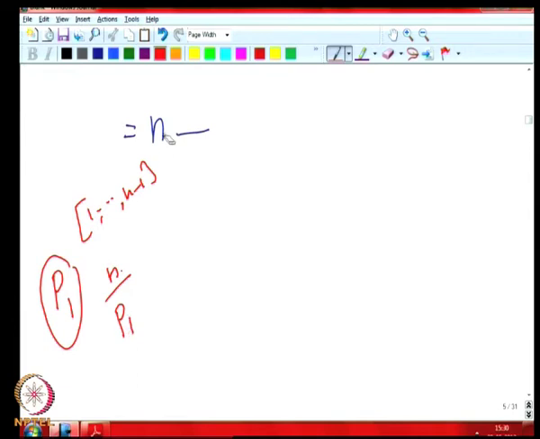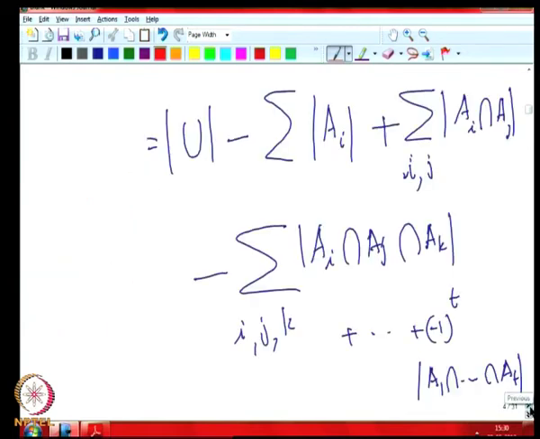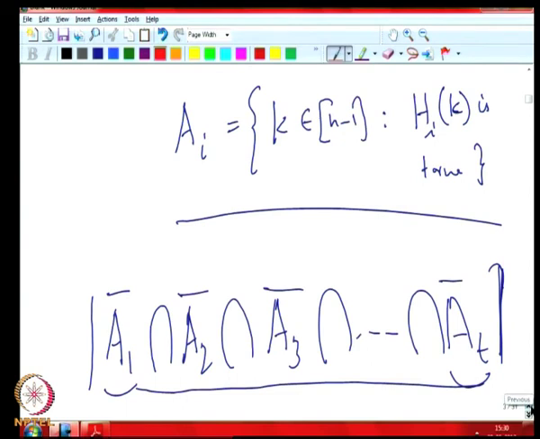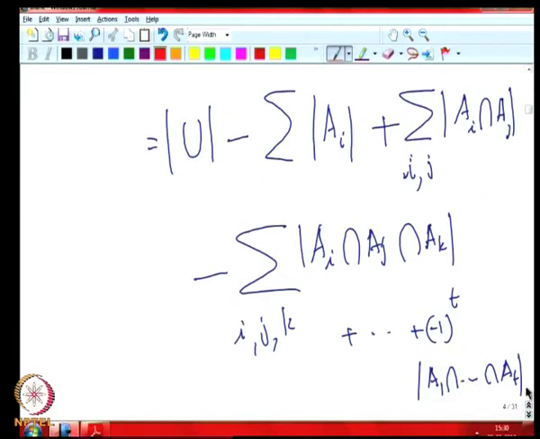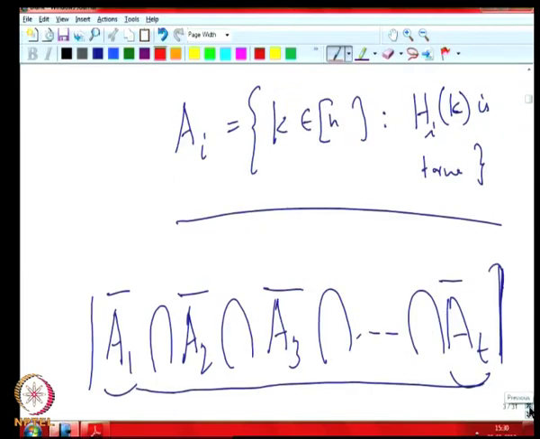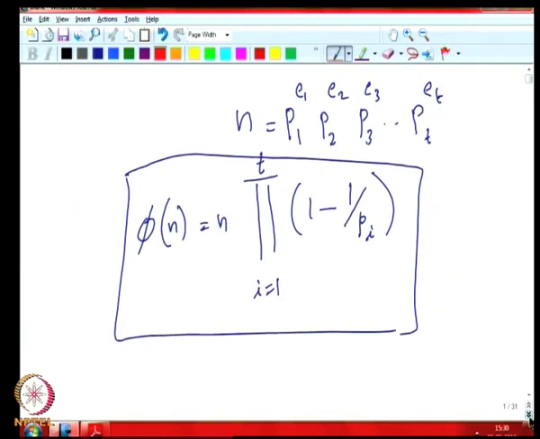Because we are counting from numbers from here, I think I was saying n minus 1. So this has to be n, because we considered the universe now as n here. We can do it in n minus 1 also, but it is more convenient to consider the universe as n. So I'll change it.